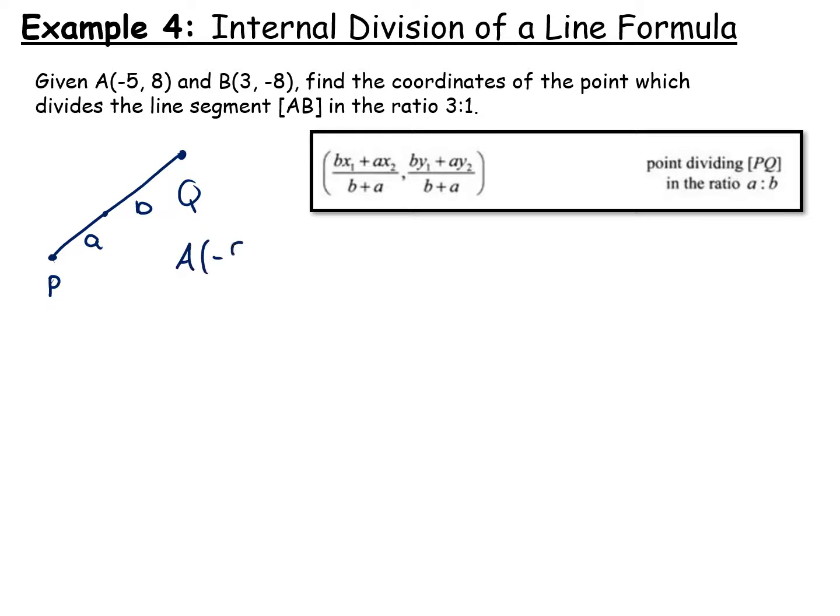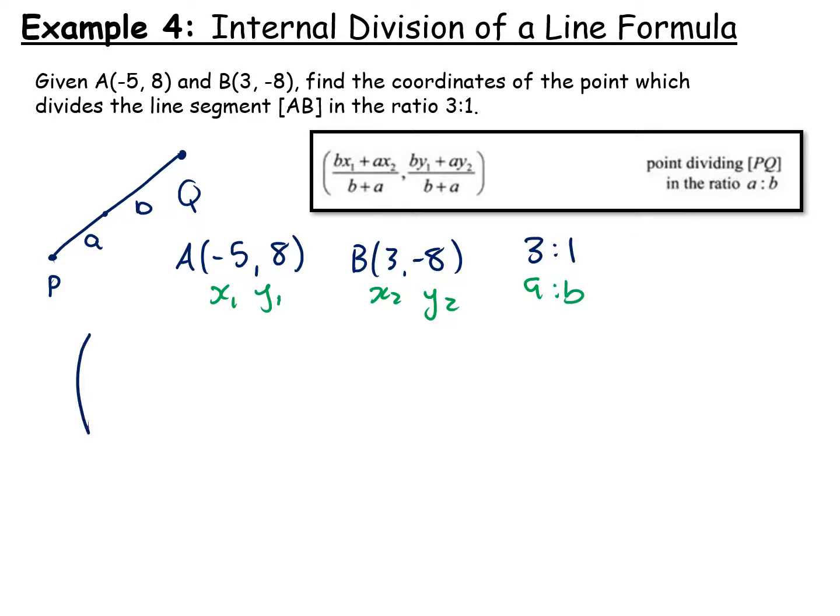So here we have the point minus 5, 8, and we have the point 3, minus 8. If that is AB, they're each end of a line segment AB. So the ratio A is to B must be given as 3 is to 1. So it's really important that A comes first. So try again. X1, Y1. This is X2, Y2, and then our ratio is A is to B, so we can fill into our formula.